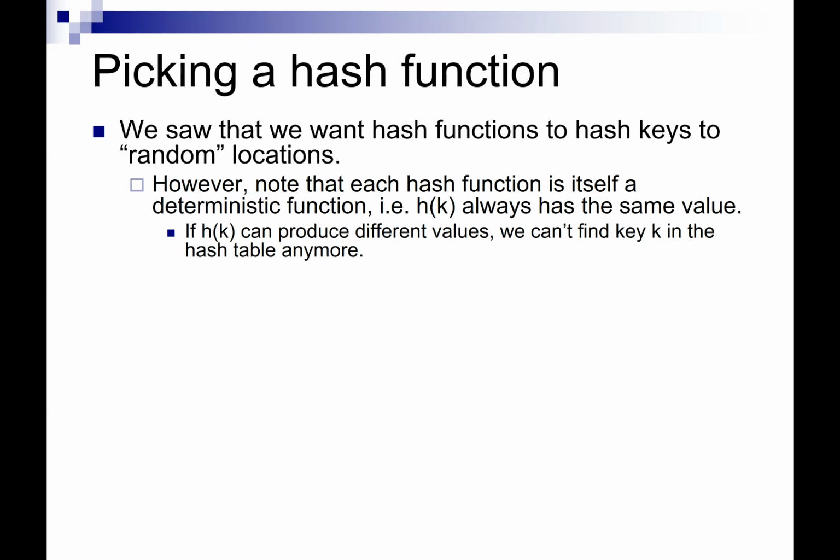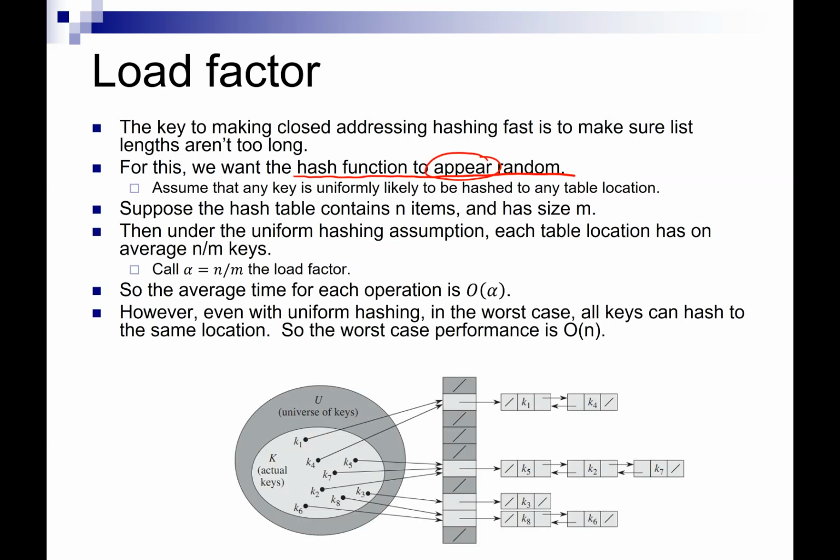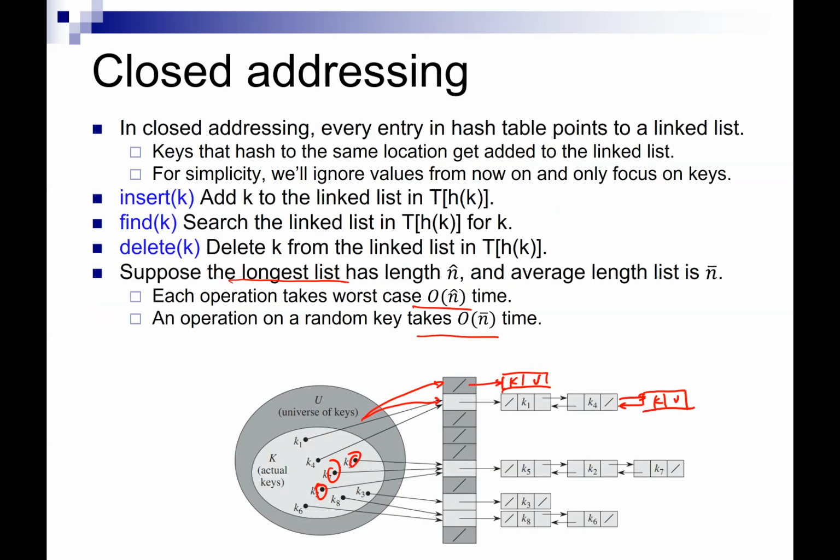And we need to have this property because suppose h of k was actually non-deterministic. If you run this function twice, let's say it can produce different values. Then you can't use it for a hash table, because the first time that you put something into the hash table, you're going to put it at location h of k.